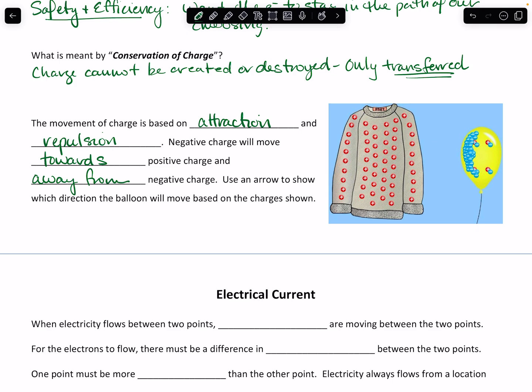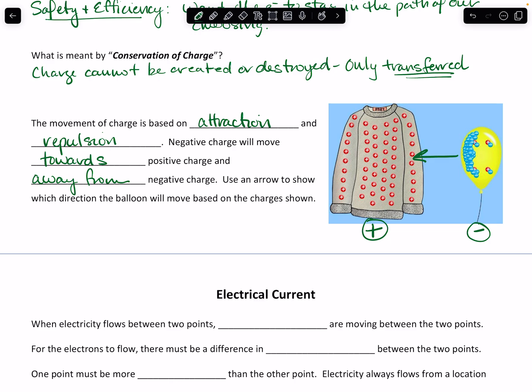So here we have an example. We have a sweater that has a big buildup of positive charge. And then over here, we have a balloon that has a big buildup of negative charge. And the question is, which direction will the balloon move? Well, positive and negative attract. So the balloon probably is going to fly over and attach itself to the surface of that sweater.